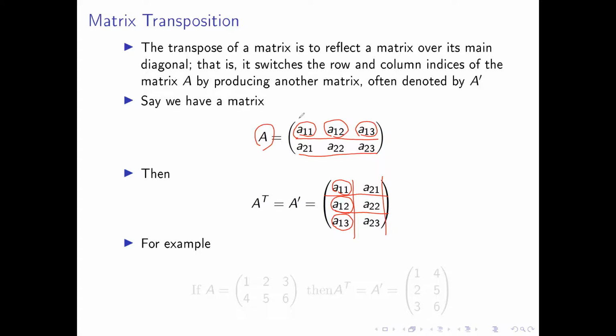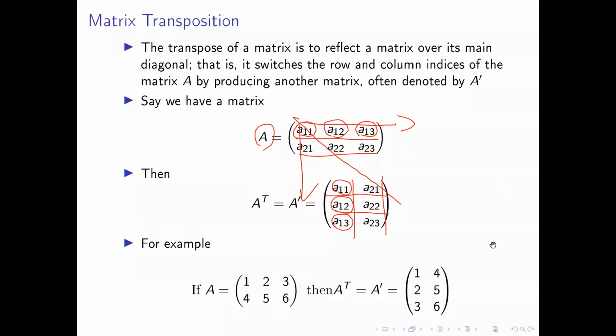So pretty much what transposition does is to flip the matrix like 90 degrees from this direction to that direction. Okay, so a 90-degree rotation. And here I can give you a very concrete example. Let's say A is equal to 1, 2, 3, 4, 5, 6, right? 1, 2, 3 is in row 1, 4, 5, 6 is in row 2. How about its transpose?